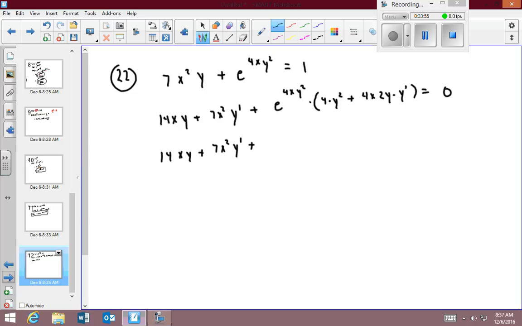So this is 4y squared e to the 4xy squared plus, that's 8xy e to the 4xy squared times y prime.